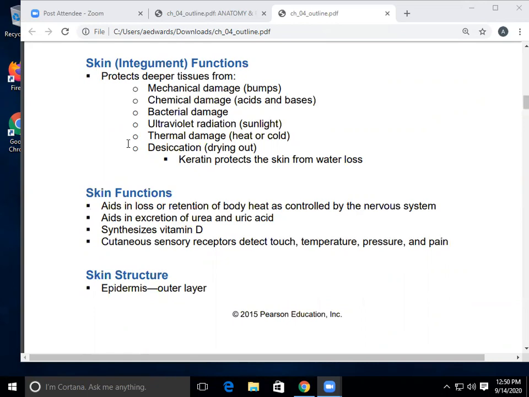So sometimes people use lotions that say they have keratin in them, right? And so that's the whole point, keep your skin moisturized, right? It's not just putting something soft on your skin, but it's actually putting things in your skin to help you retain water.